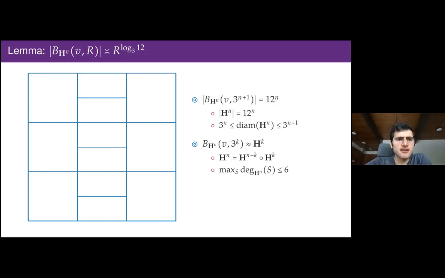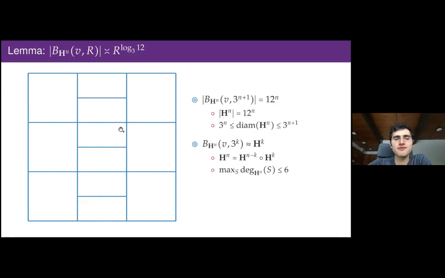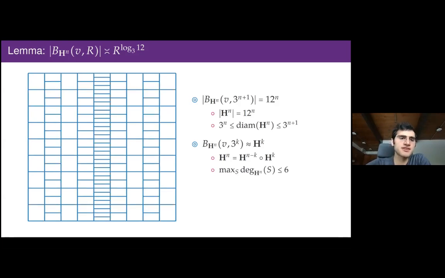So you can see that if you go to H squared from H, the tiles that touch the right side of the edge are now adjacent to the tiles that touch the left edge of a copy of H.